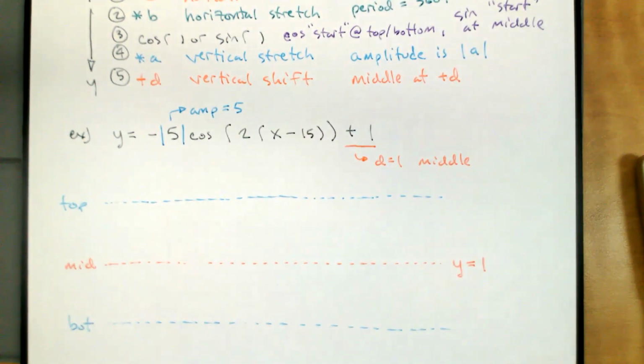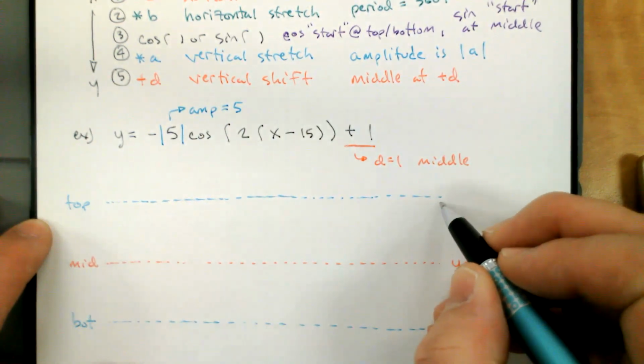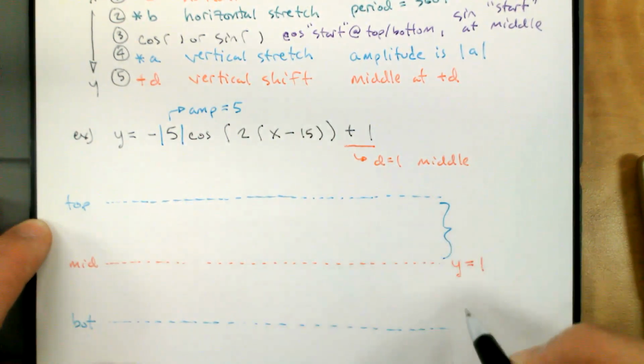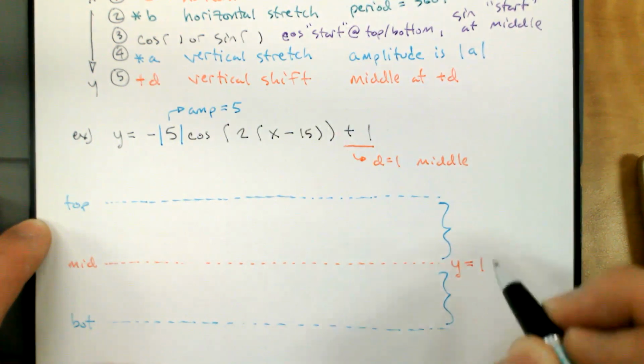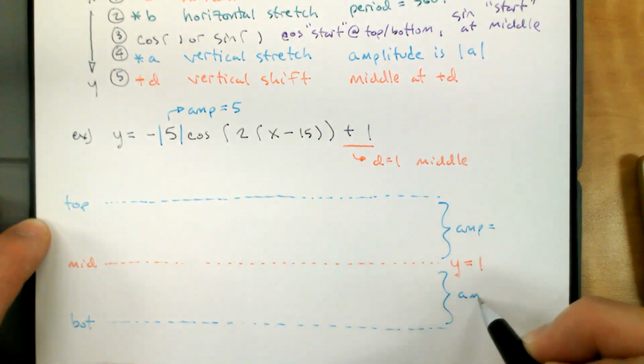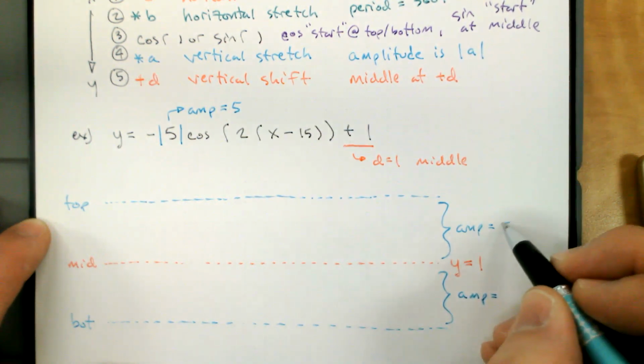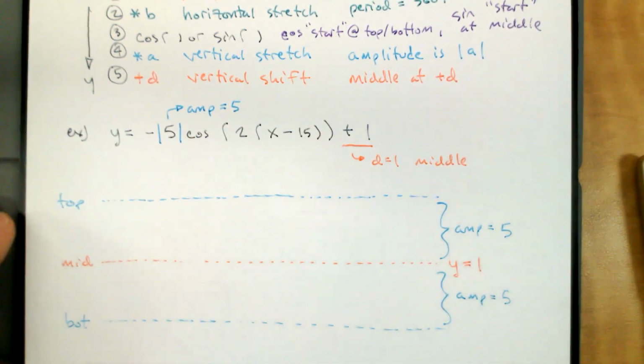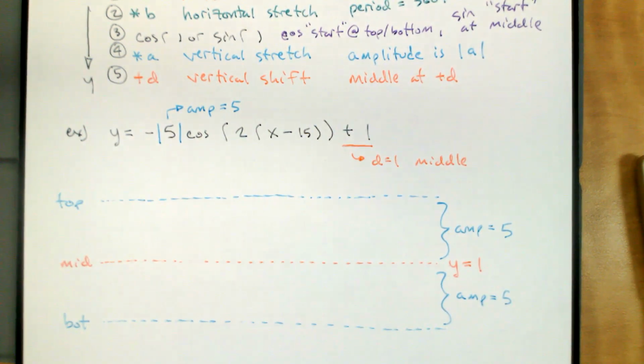So we know the middle is at 1 and the amplitude is 5. That's 5 above and 5 below. So if the middle is at 1 and our amplitude is 5, that means 5 above 1 will be at 6.